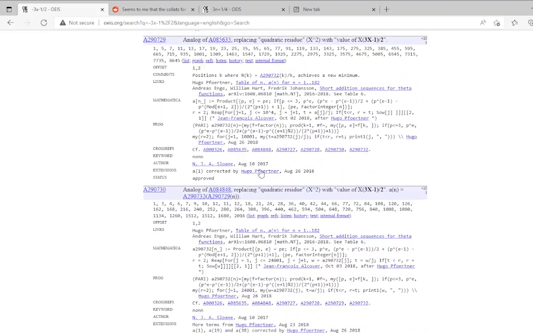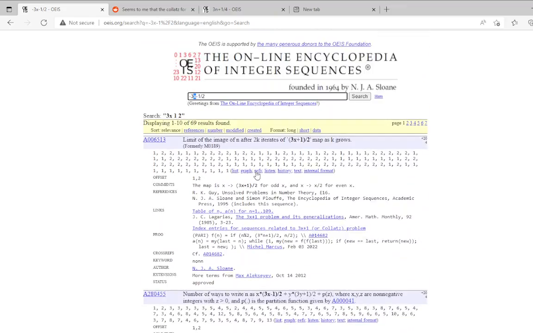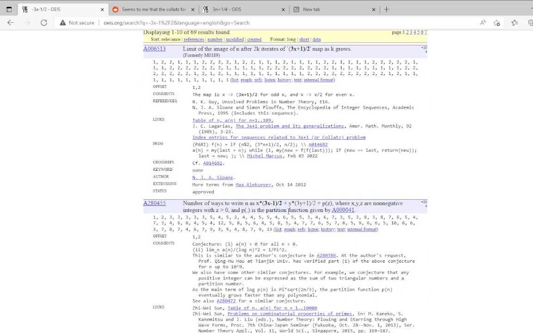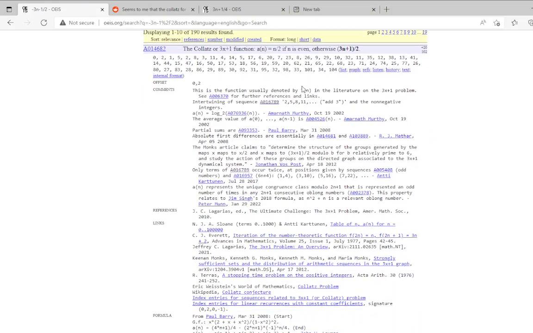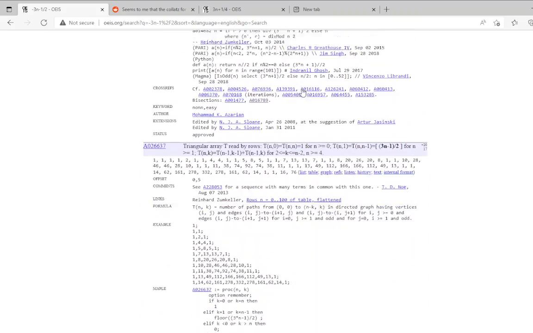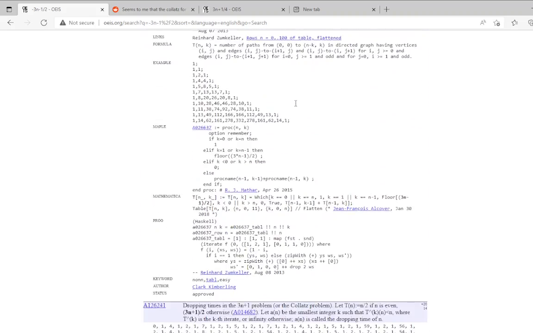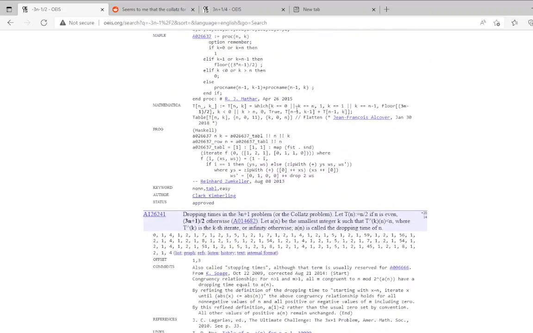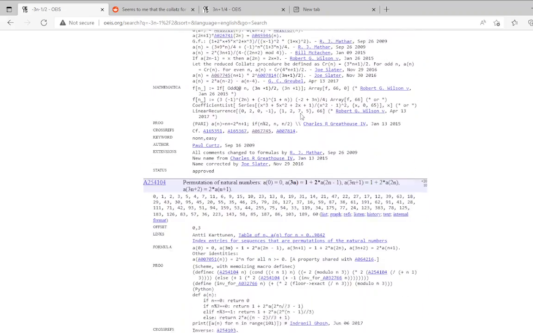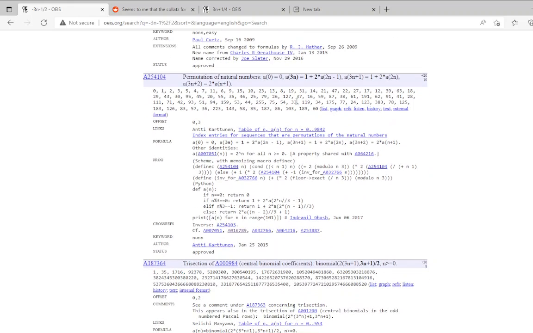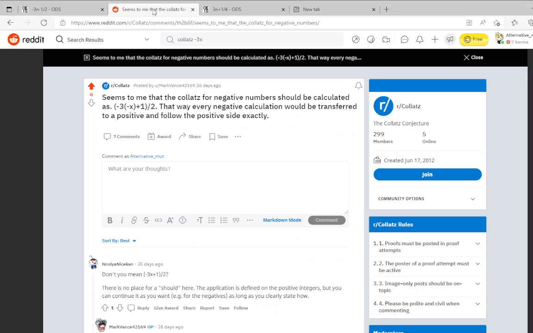Everyone's done the other versions, and there's nothing actually popping up close to it besides variations of people's interpretation of the Collatz conjecture.